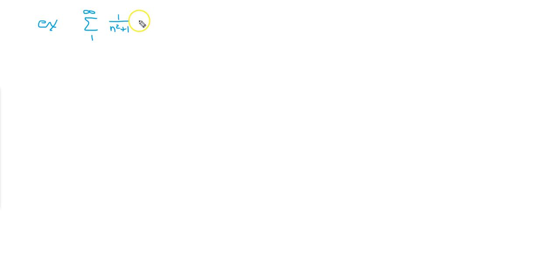Keep in mind what this is actually equal to: this is going from n equaling 1 to infinity, so if we put 1 in for n we get a term, and if we put 2 in for n, 3 in, 4, 5, and so on.